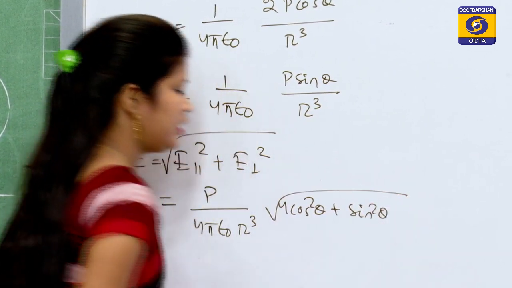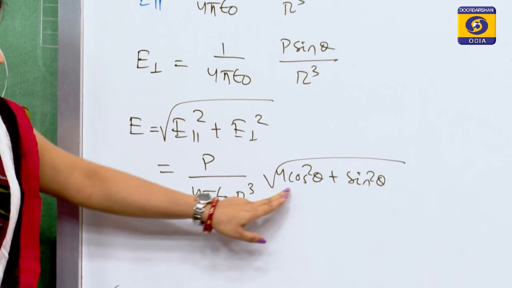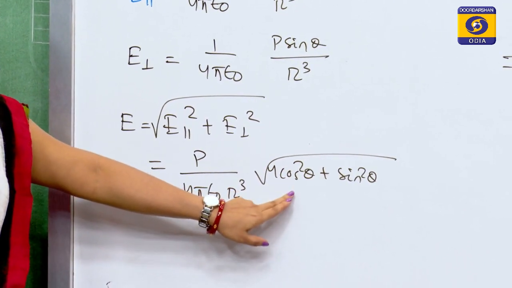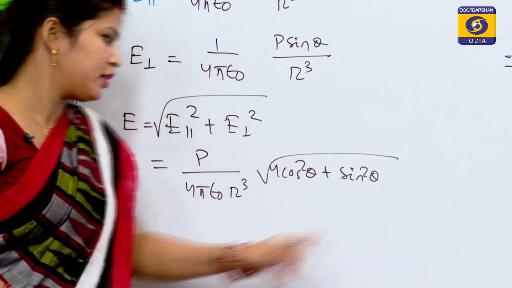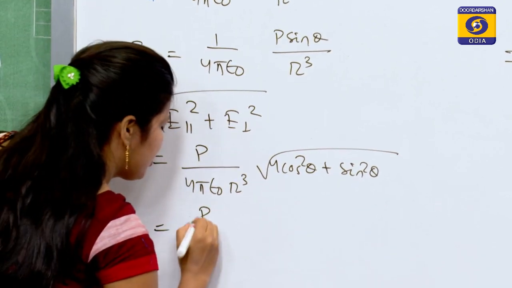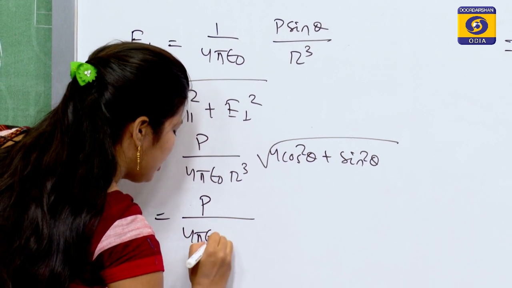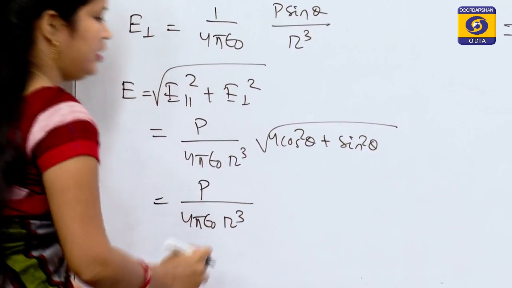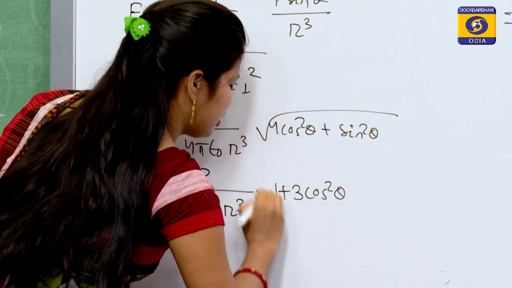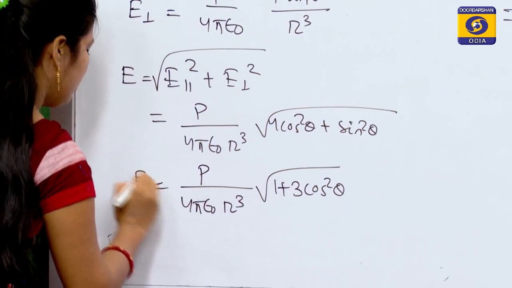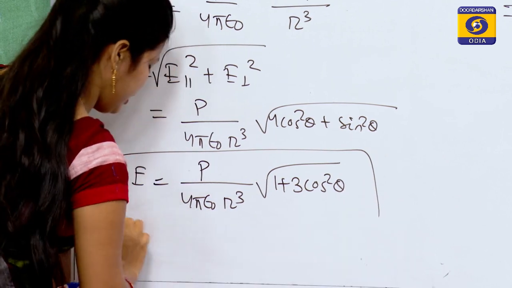Here we can write 3 cos square theta plus cos square theta, and cos square theta plus sin square theta gives us 1. So, we get p upon 4 pi epsilon naught r cube, root over 1 plus 3 cos square theta. This is the general formula of electric field intensity.